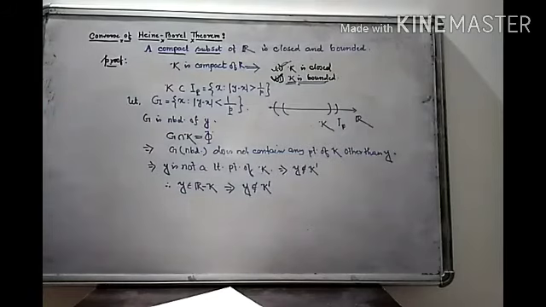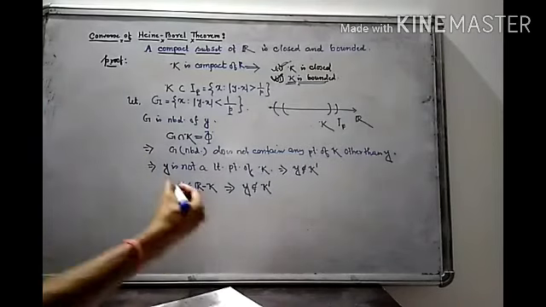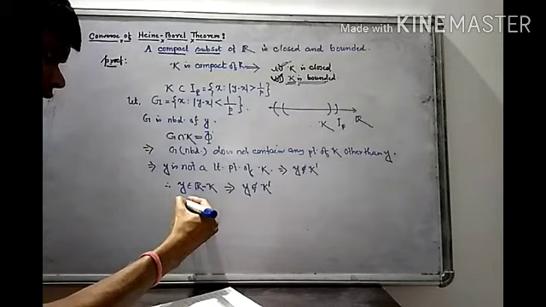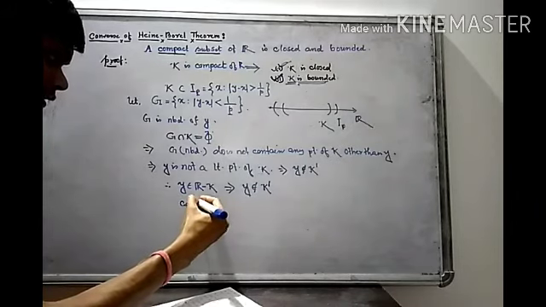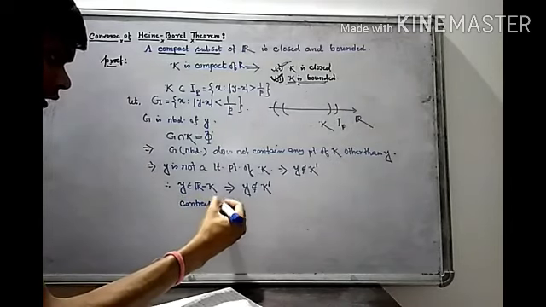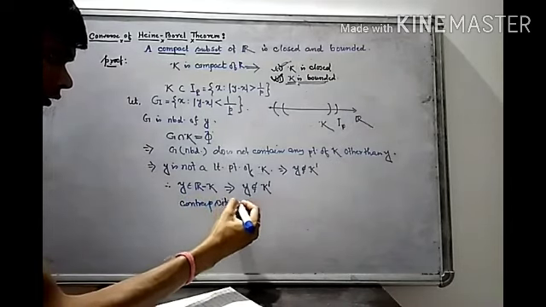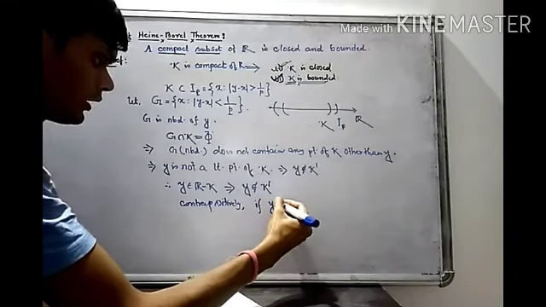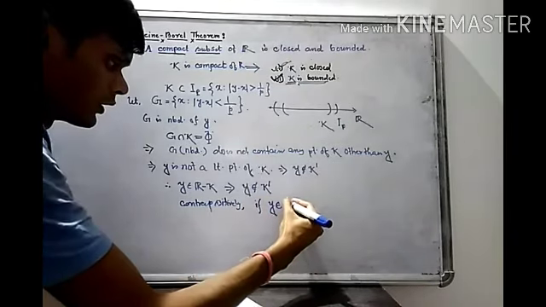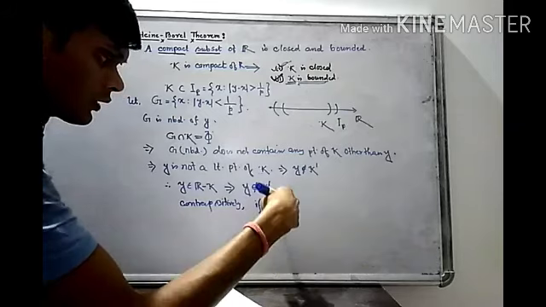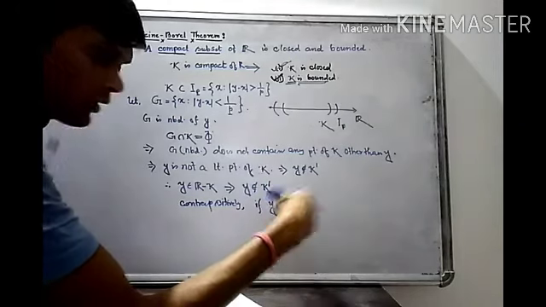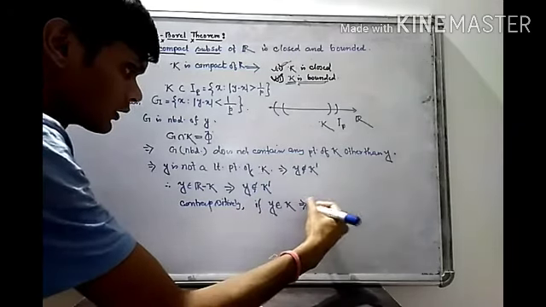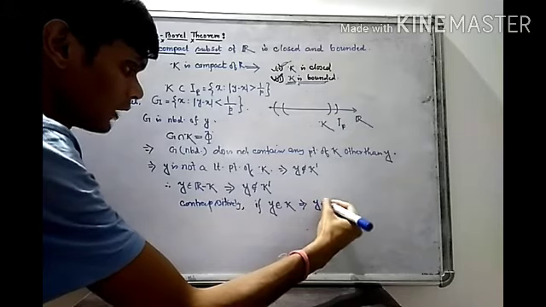So what is the contrapositive of this one? Contrapositively, if y is taken from K, this implies y belongs to K dash.